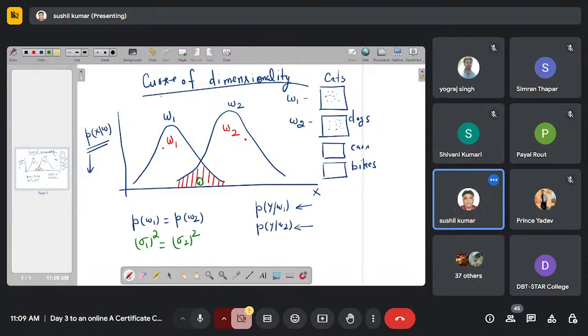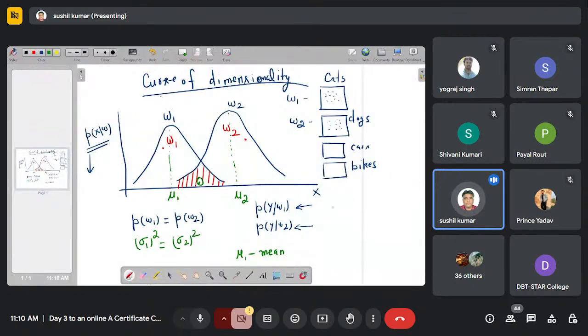Here, suppose I have a mean, mu1, and here also I have a mean, mu2. Mu, you know very well, is related to the mean.